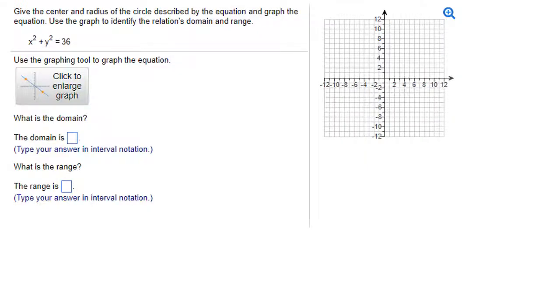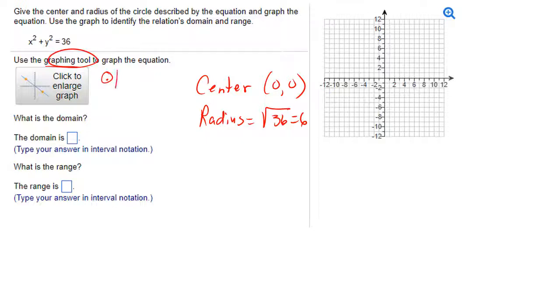Now I'm going to graph the equation of a circle. First, I want to find the center and the radius. The center is going to be 0, 0 because there are no other values given next to the x or the y. The radius is going to be the square root of 36, which is 6. So to graph this in my math lab, you would first choose the graphing tool that looks like a circle.